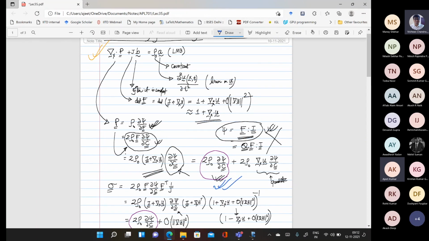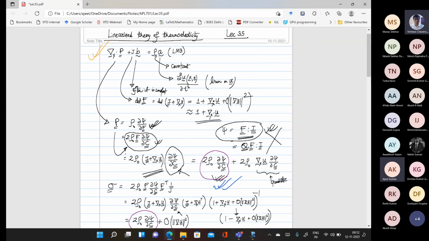So the same equation gives us only one linear component, which is understandable because del psi by del C will be minimum linear, anything of order minimum, linear in u or grad u.